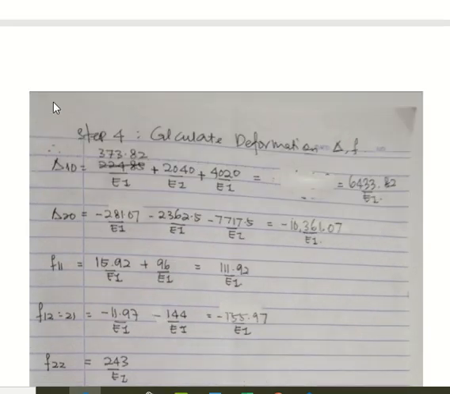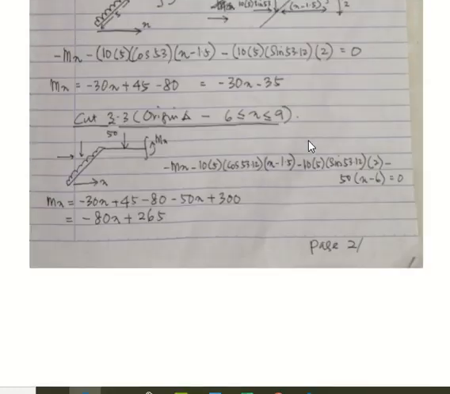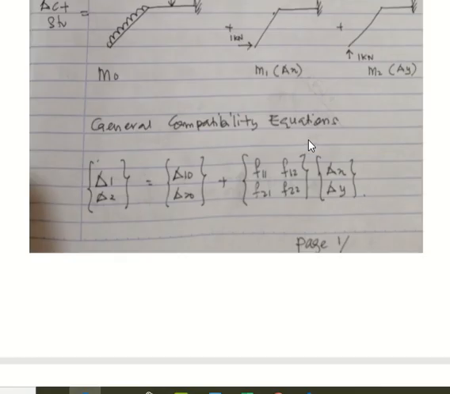Then step number 4, we calculate the deformation, because as I mentioned just now, the compatibility equation is an equation about deformation. Delta 1, delta 2, delta 1,0, delta 2,0, F11, F12, F21, F22. This is deformation for the actual structure.